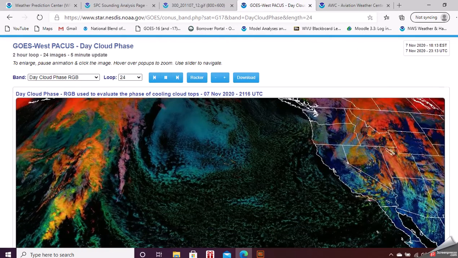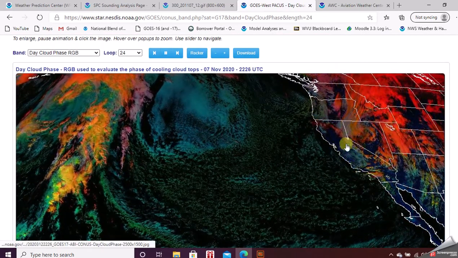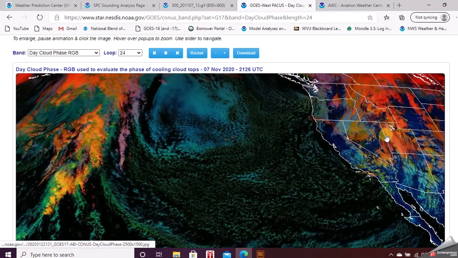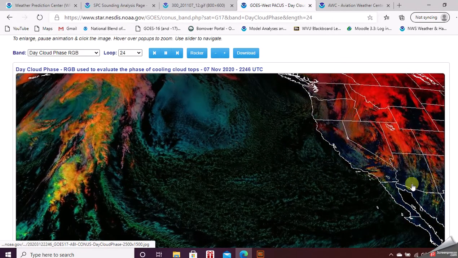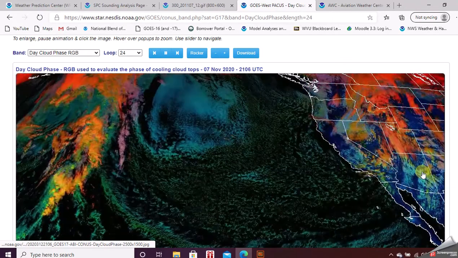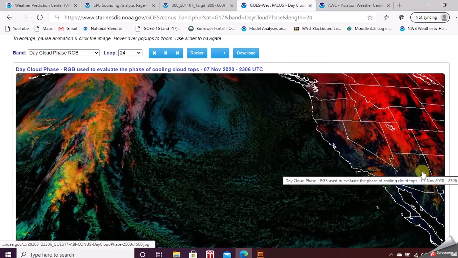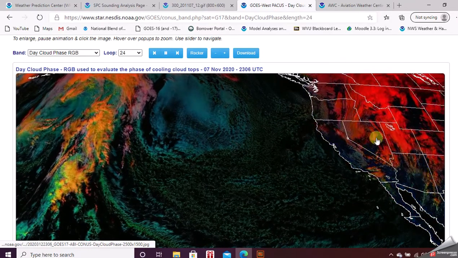What it's finding is that there's some cold clouds, especially over here in the mountains, which are all below freezing. But there actually is an area right in here and maybe somewhere towards Arizona, where there are some clouds that are kind of mixed phase. So if you were flying through there, you would have some ice and you'd have some water to deal with. So again, that could be an issue.